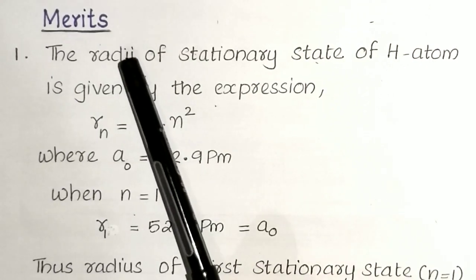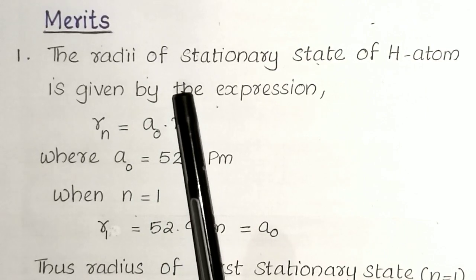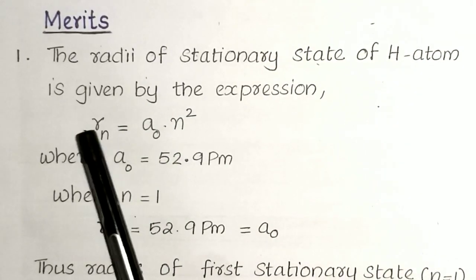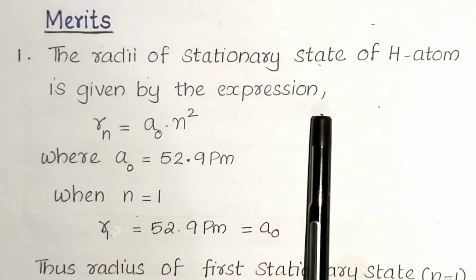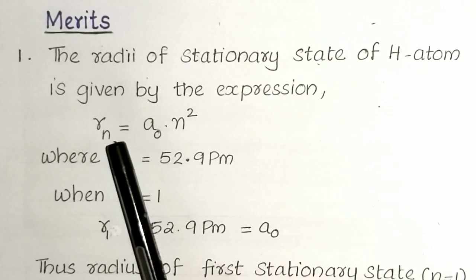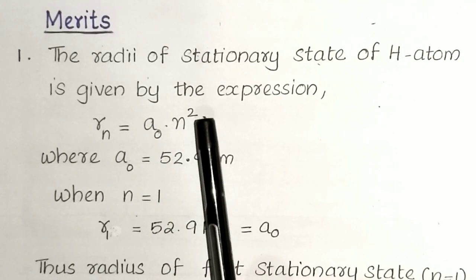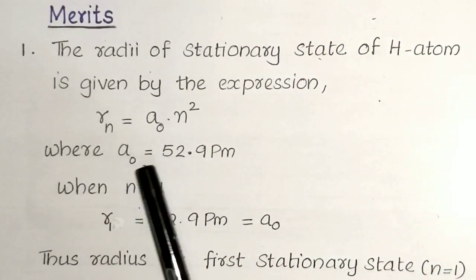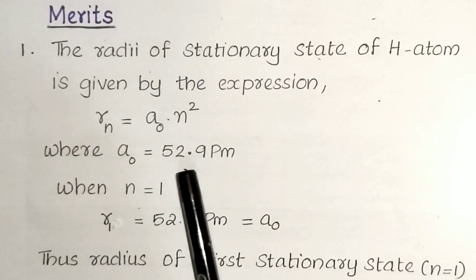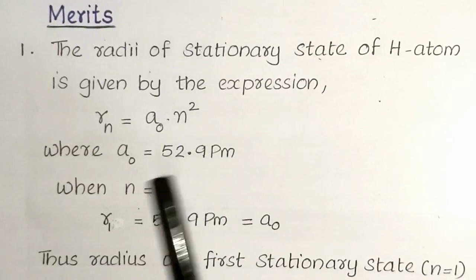Merits of this Bohr atom model. First one, the radius of a stationary state of the hydrogen atom is given by the expression Rn is equal to A0 into n square, where A0 is calculated as 52.9 picometer. This is a constant.